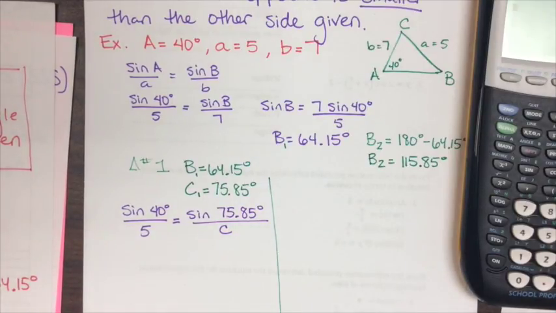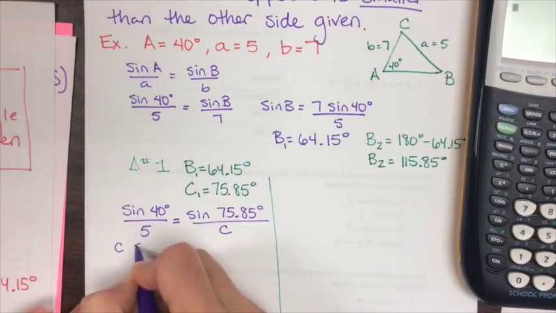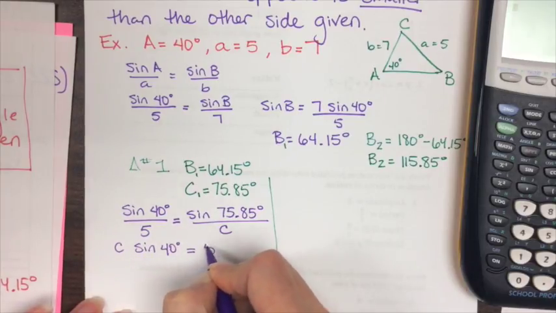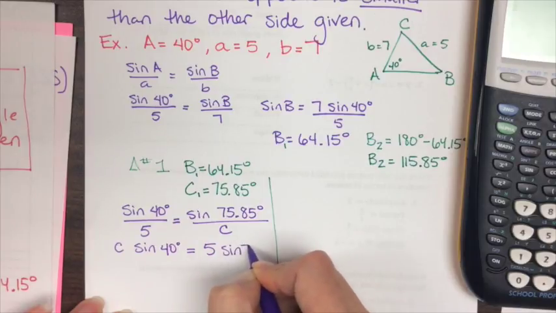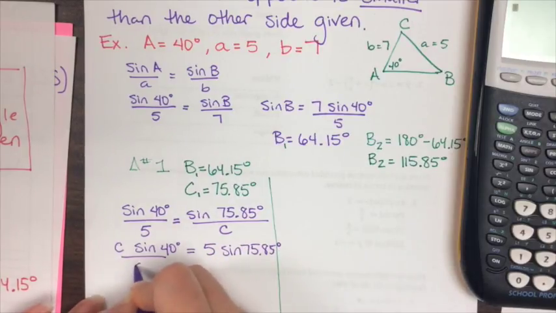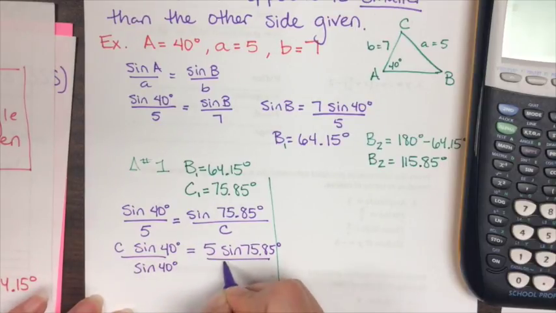All right, let's cross multiply and divide. So c sine of 40 equals 5 times the sine of 75.85 degrees. Divide both sides by sine of 40 degrees to isolate c.